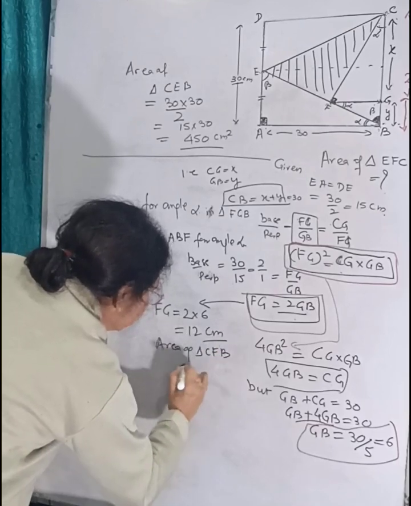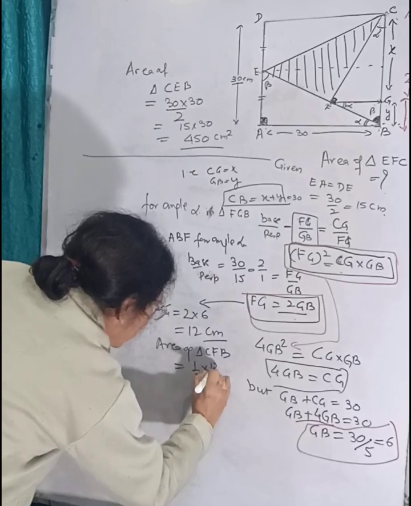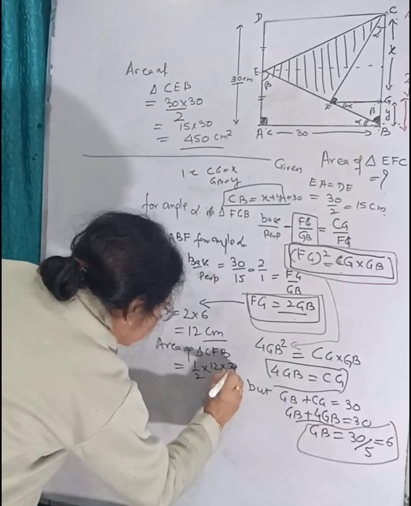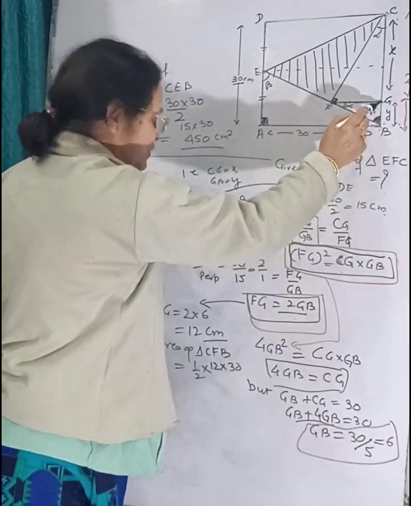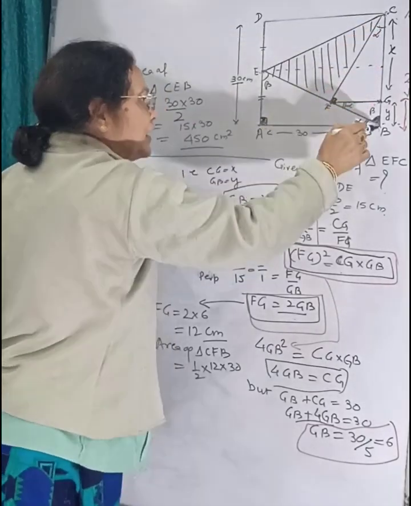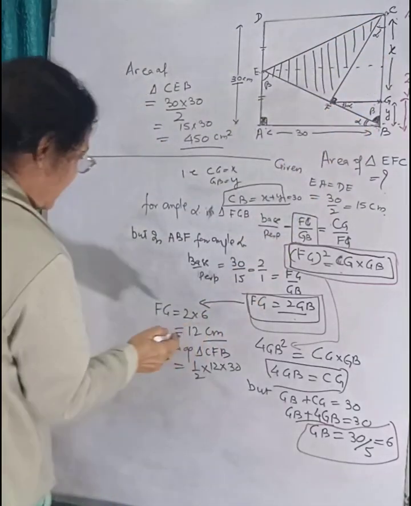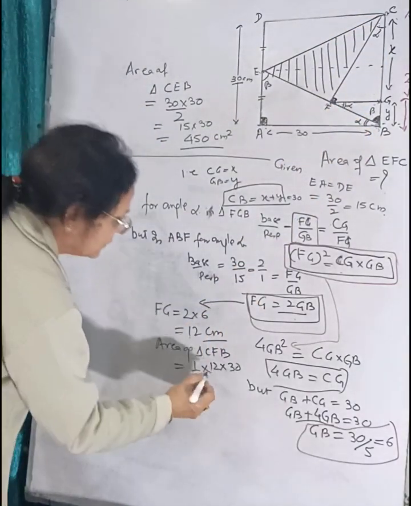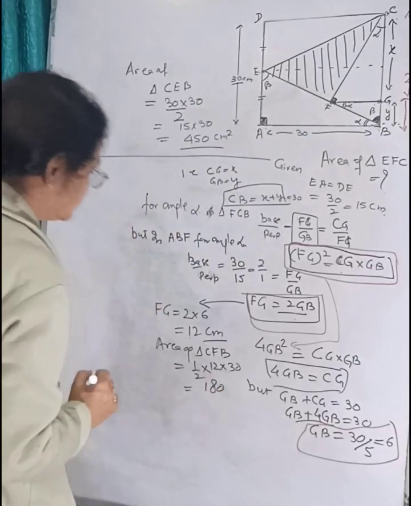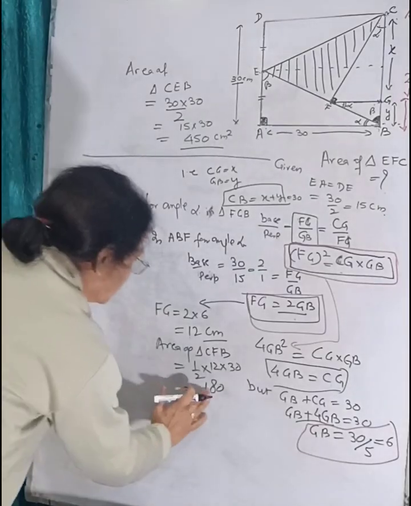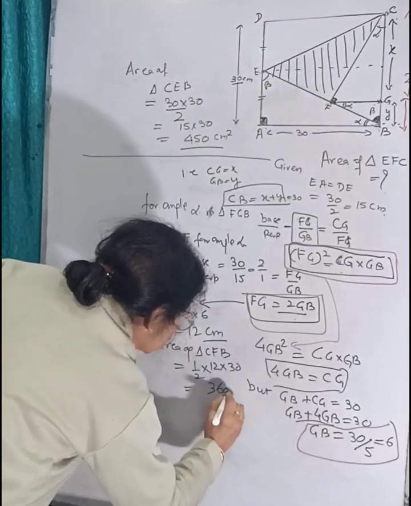CFB will be equal to 1 by 2 into 12 into 30. 1 by 2, this is FG, which is 12, into 30. 1 by 2 base into height, FG was 12, is equal to 6 and 30 is equal to 180. No, this is equal to 360. That is 360 centimeter square.